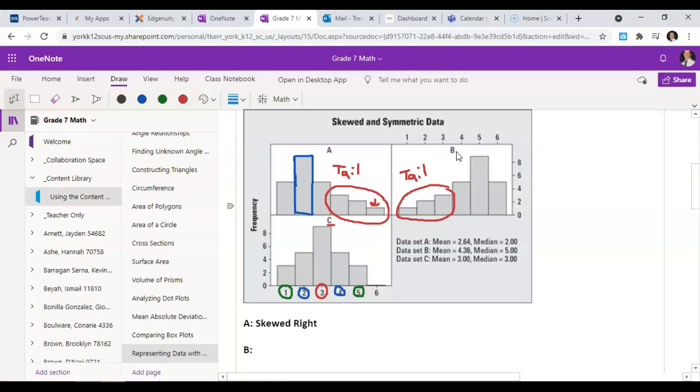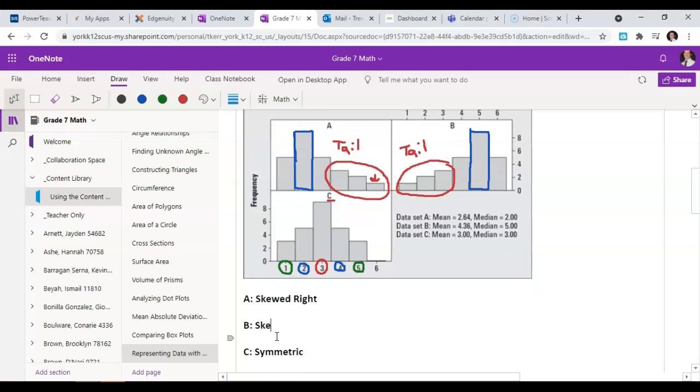Same thing for option B here. I see the tail, and I look at, okay, where's the biggest one at? And I say, okay, compared to the largest, there's more stuff on the left than there should be. There should be things over here if it was going to be symmetric. So for option B, it's just the opposite. I would call that skewed left.